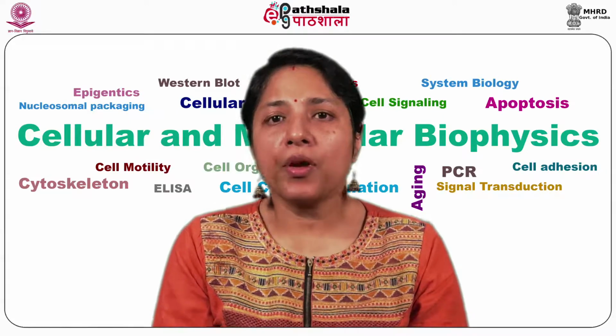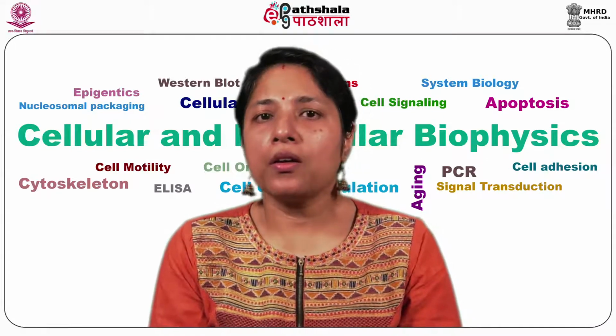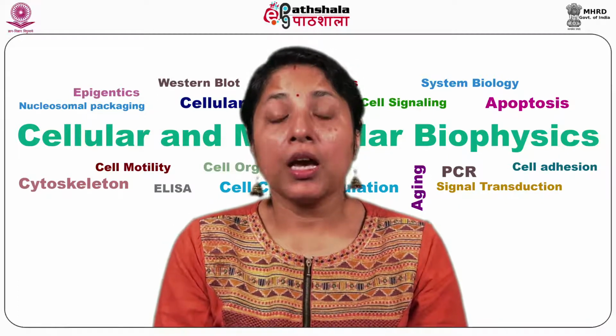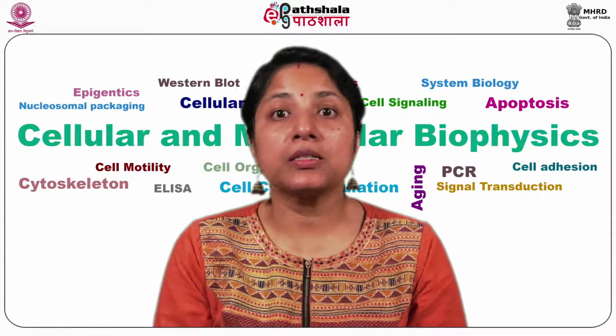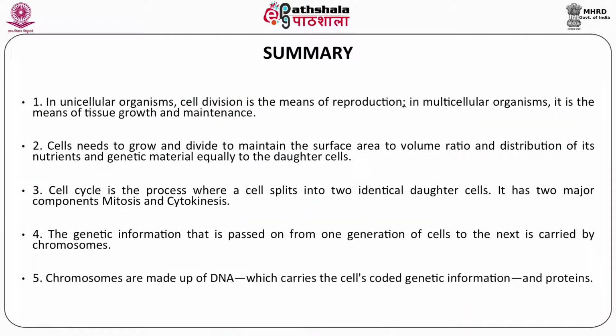Now, just to summarize this module, number 1, in unicellular organisms, cell division is the means of reproduction. In multicellular organisms, it is the means of tissue growth and maintenance. Number 2, very important, cells need to grow and divide to maintain the surface area to volume ratio and distribute nutrients and genetic material equally to the daughter cells.